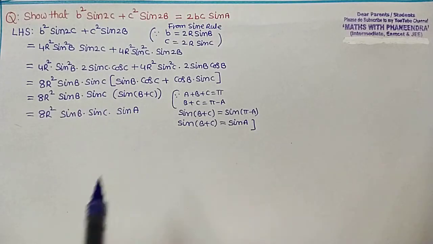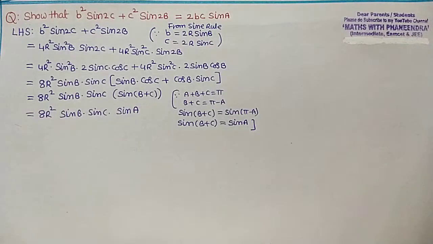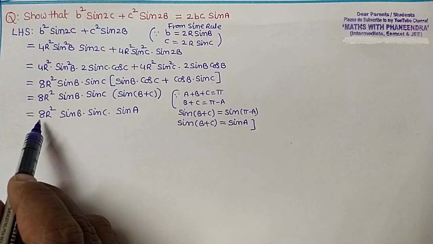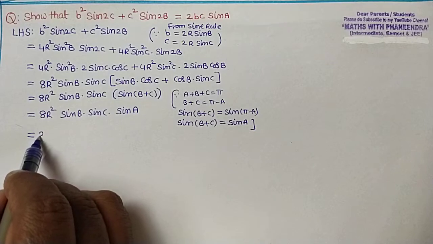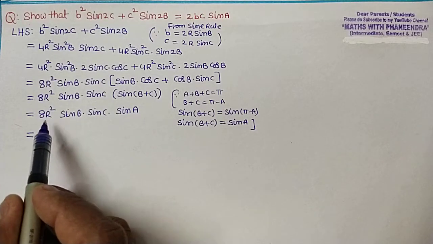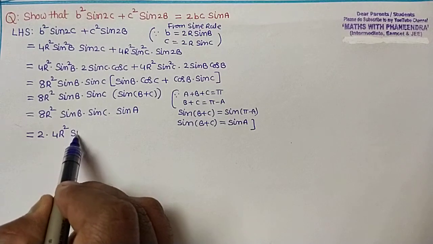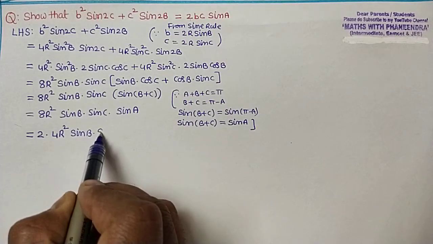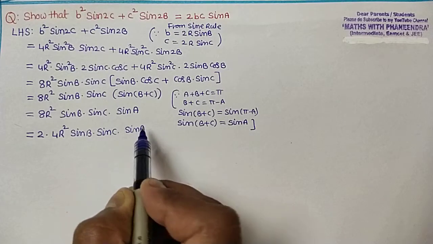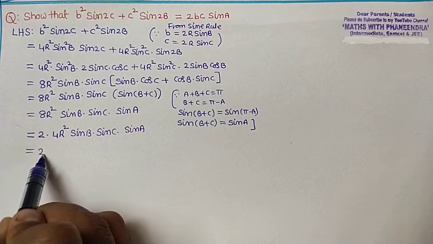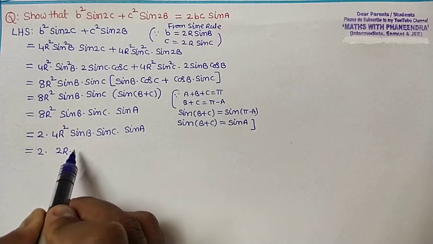After getting this step, according to the RHS, you have to write it. So 2 into bc. First 8R square is there, no? In RHS first 2 is there, 2 you can write it. The remaining 4R square is there, into sin B into sin C into sin A. In the very next step, 2 into 4R square means 2R into 2R.